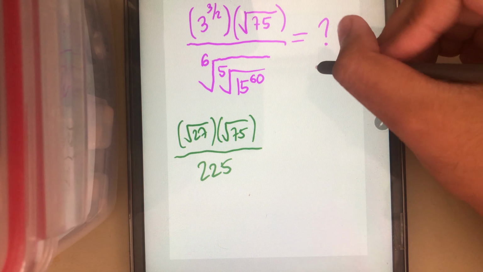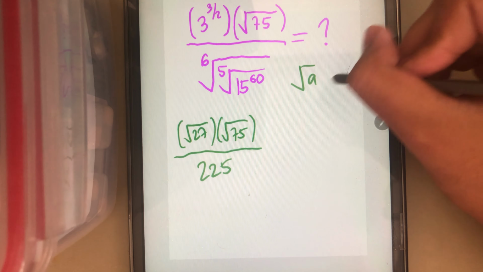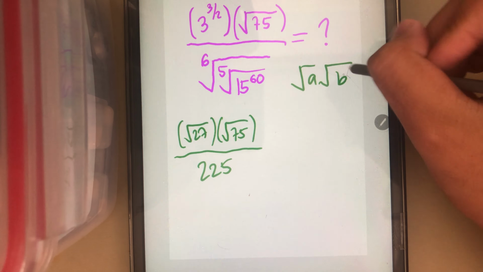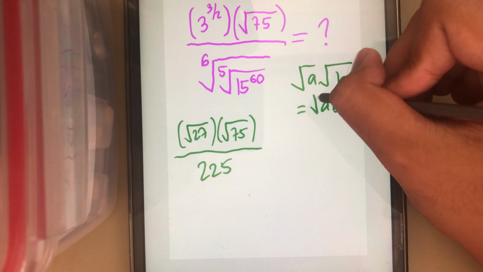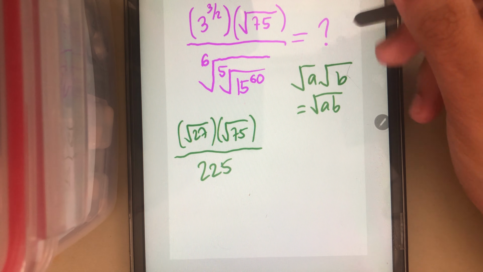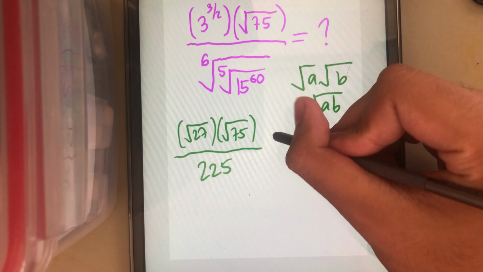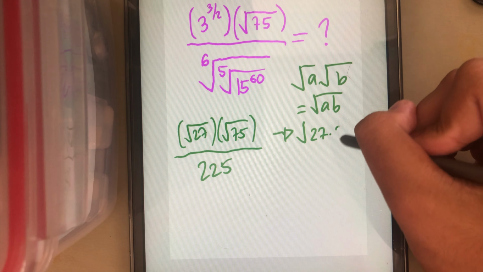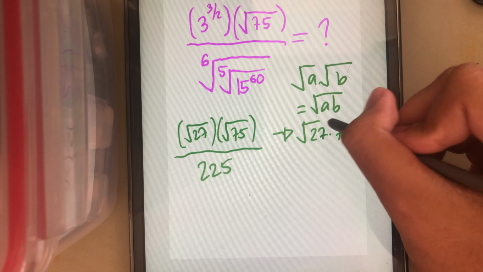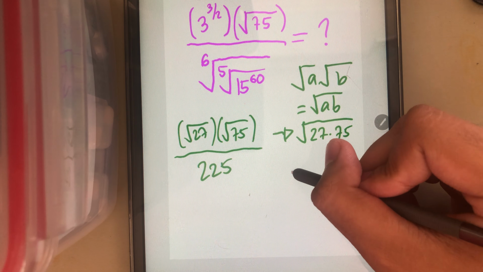Now let's recap multiplying radicals. Square root of a times square root of b is equal to square root of a times b, which means that square root of 27 times square root of 75 becomes square root of 27 times 75. 27 times 75 is equal to 2025.